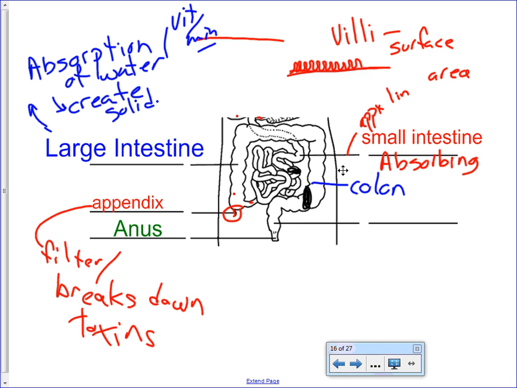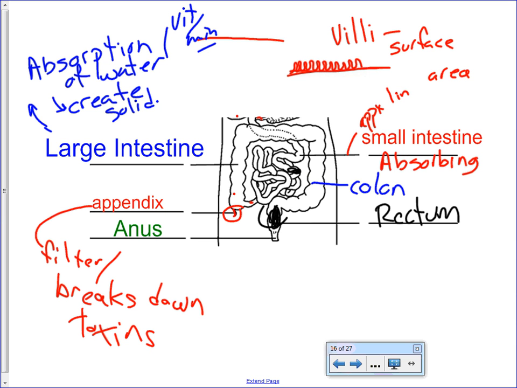And then down, and then everything's all absorbed, and it comes to this part right here, which is called the rectum. Well, no, this little part right here, this last vertical part. And here's one of those places where the nervous system is helping us out.